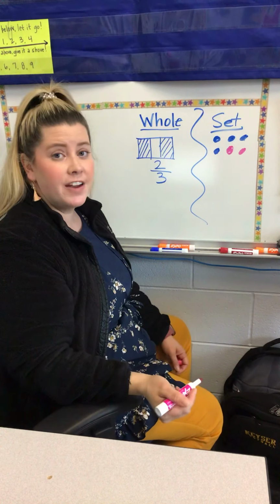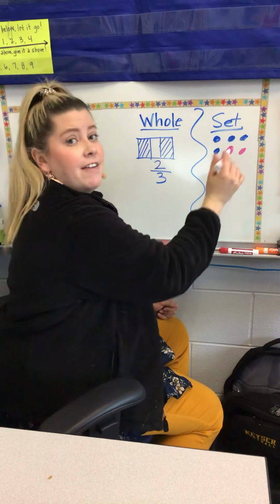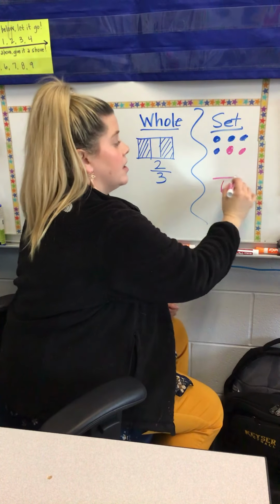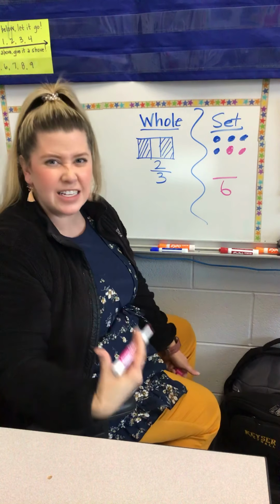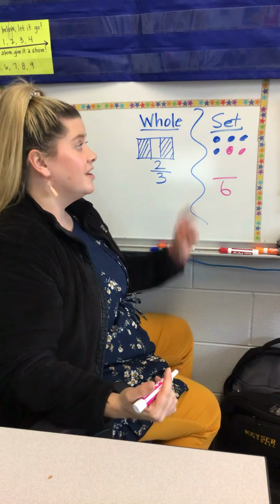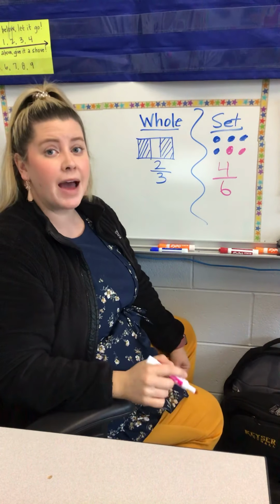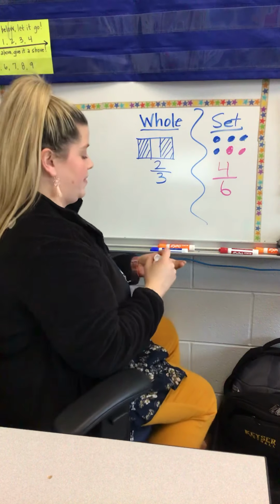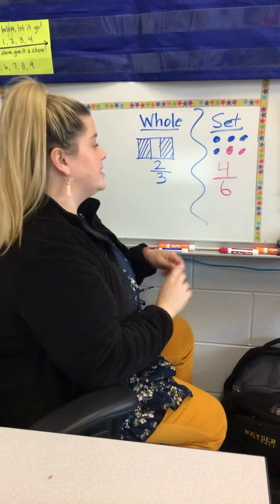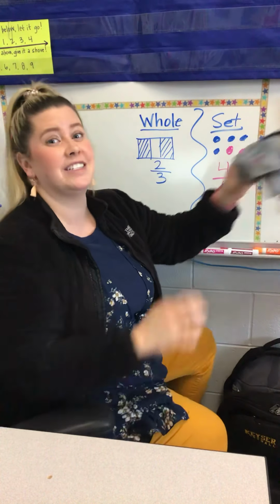Well, first of all, we need to figure out how many counters do we have? 1, 2, 3, 4, 5, 6. So my denominator will be 6 because that's how many parts I have. How many of them are blue? Right, 4. So 4/6 of my counters are blue. All right, let's practice one example from each of those, and then I'll turn you loose to practice for today.